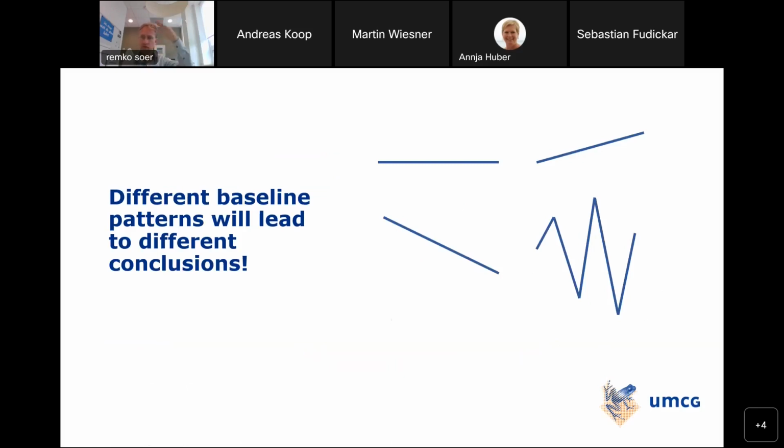So it fluctuates. Then it's really difficult to say whether an intervention would indeed be effective, yes or no. So the baseline is perhaps even the most important thing in single subject designs.